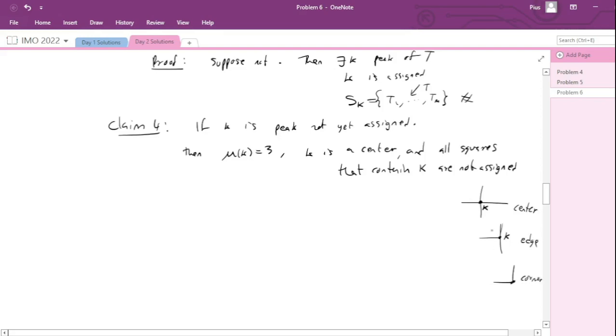So these are the 3 different positionings we could have for each K. So we're saying that if we have any K that's not yet assigned after we exhausted the algorithm, then it means that it has to be a center, and that means that there'll be 4 squares that are attached to it, and then this part says that all of them are also not going to be assigned. Okay, so let's prove this quickly.